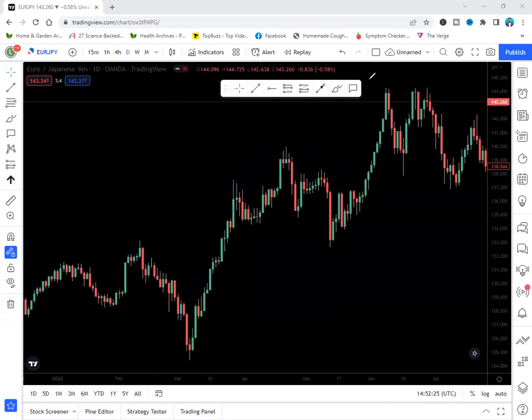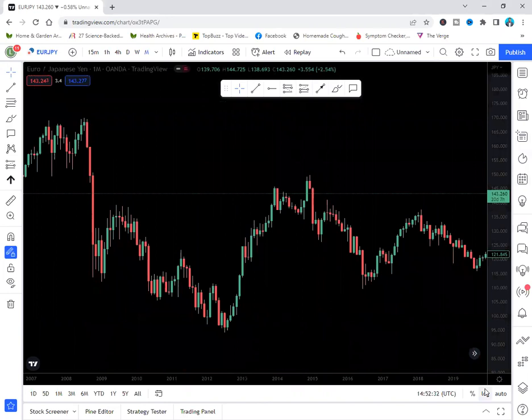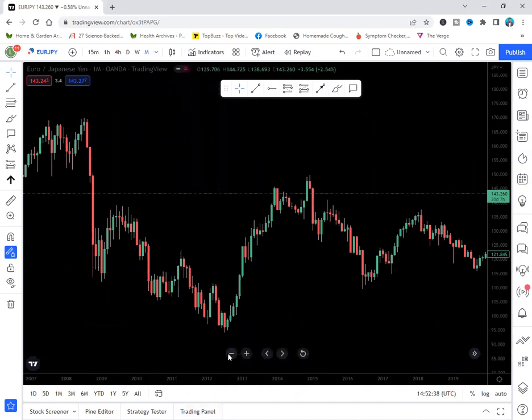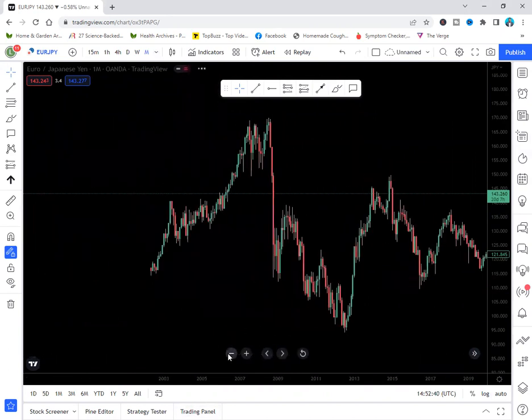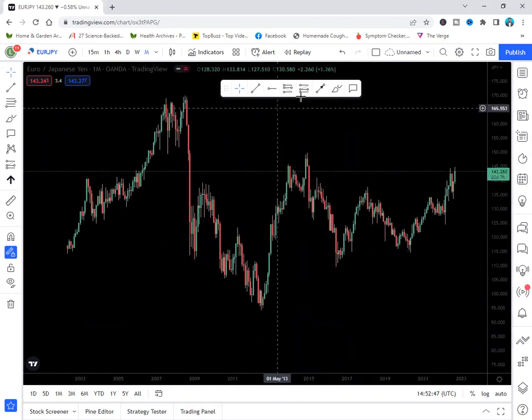This is daily time frame. Even if I go to monthly time frame, look at monthly time frame. You can always see this. It is always there. Look at it. This is it. See it?